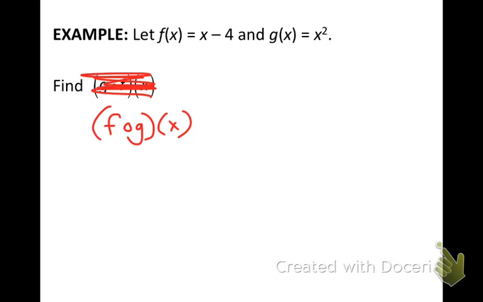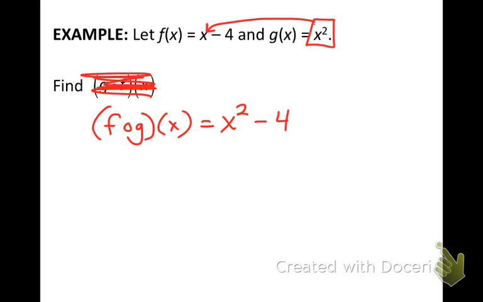So this is a little bit easier because, what would it look like? Instead of my x, I'm going to put in x squared, and then I would just bring down the minus 4. I don't have to do any simplifying to that, so that means I'm just done.